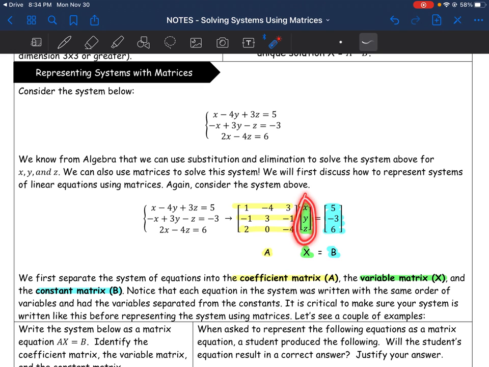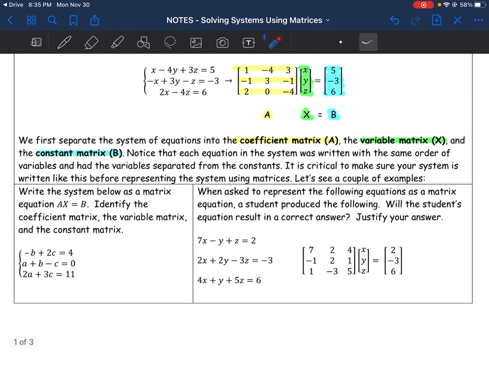The variable matrix has to go in the same order, x, y, z as well. And then on the right side of each equation, we need to have our constants separated from the variables. That way we can have the correct constant matrix.